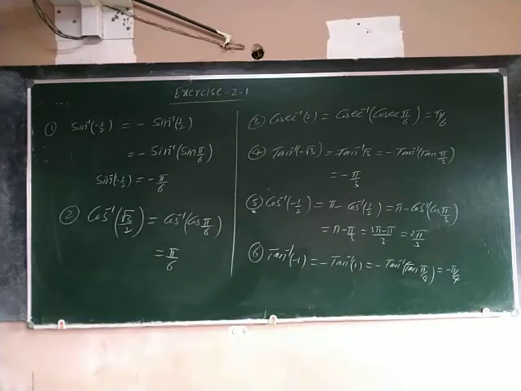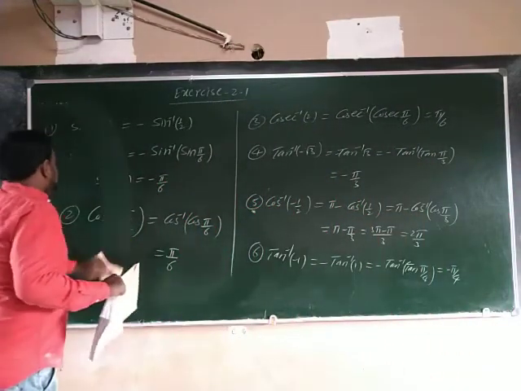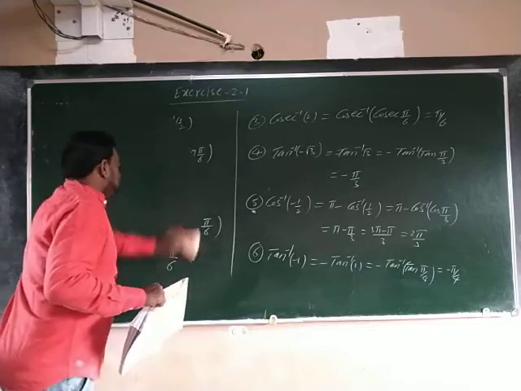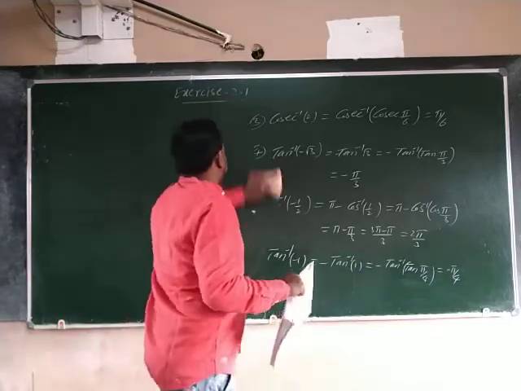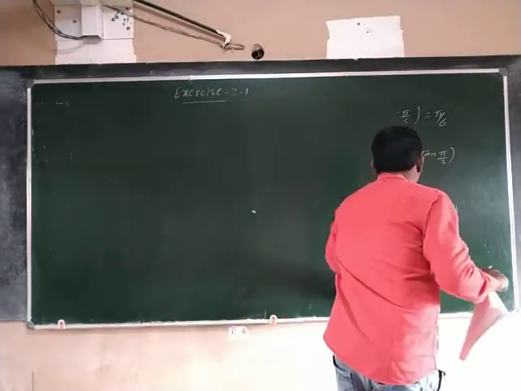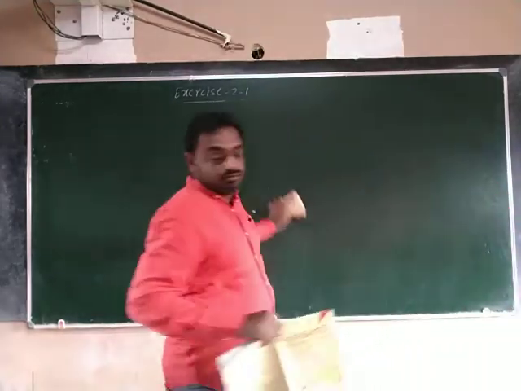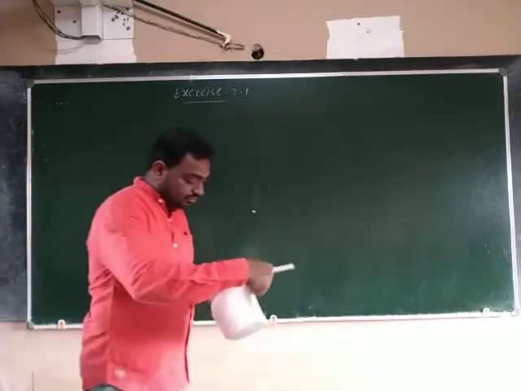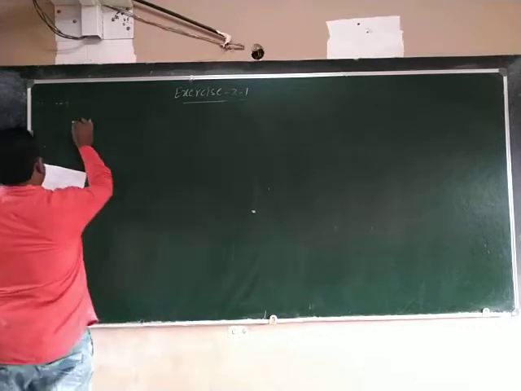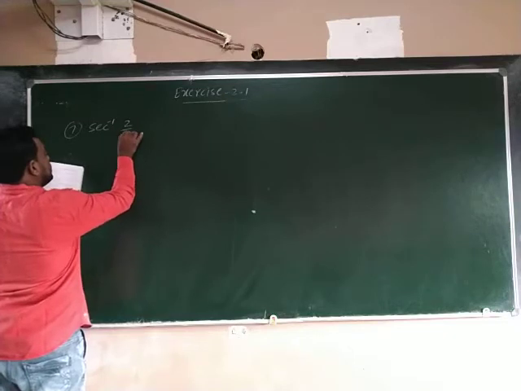Next, the seventh question. Secant inverse of 2 by root 3.